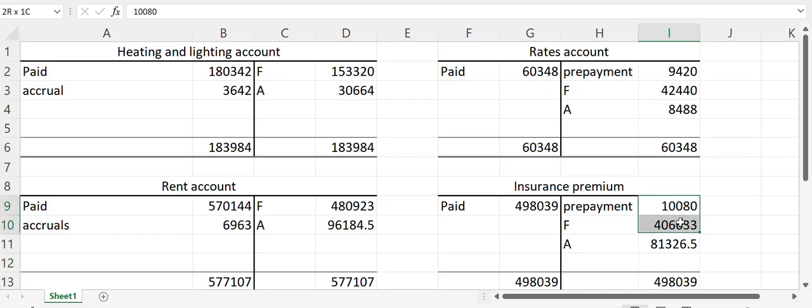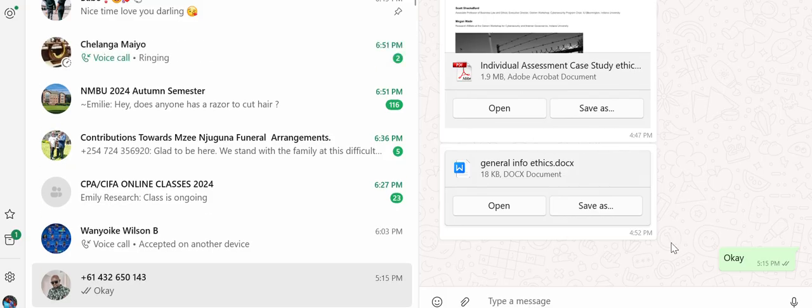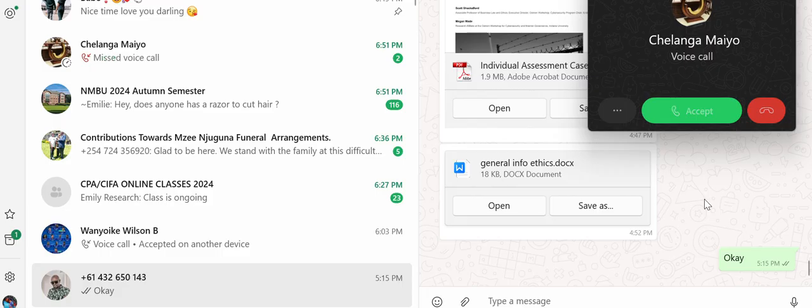Yes, we get that. So when you add these two, they should give you that difference. Okay, when you add these two, it's giving you 487959. Okay, so we continue.